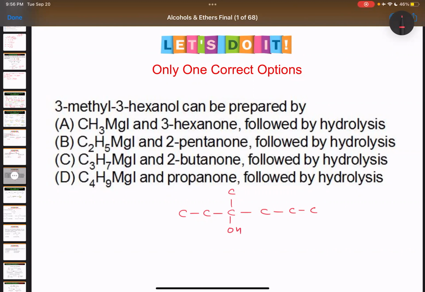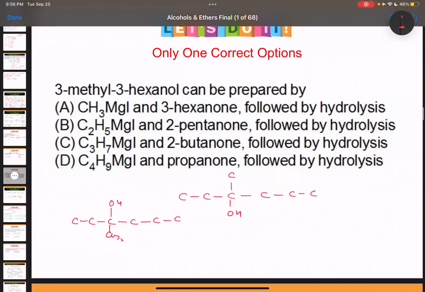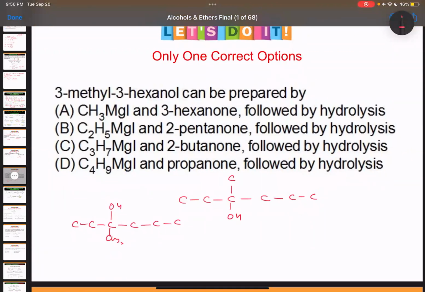Sir, is it A, sir? 3 hexanol and CH3. Yeah, A. Right? Correct? Yes, sir.